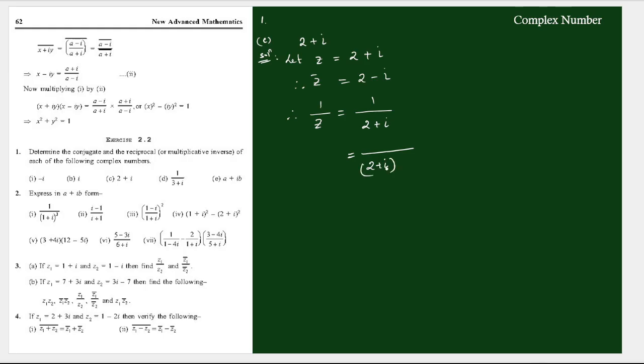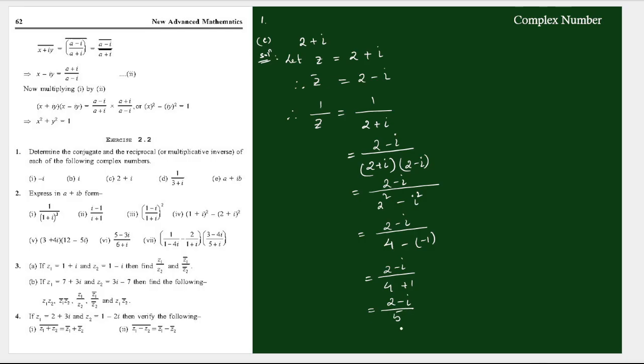So multiplying 2 plus i by 2 minus i gives 2 square minus i square. 2 square is 4 minus i square, which is minus 1, so 4 plus 1, this is 5.